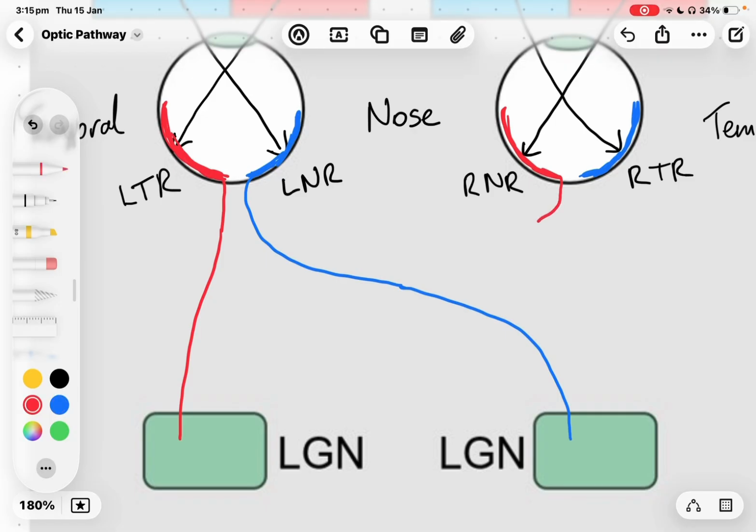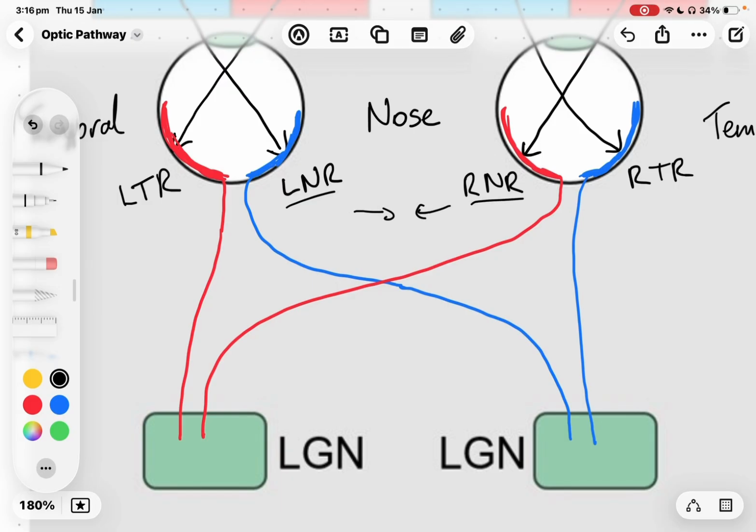This one here, because it's on the nasal side, crosses over and goes there. And this one also stays on the same side. So you can see what's happened here: the left nasal retina and the right nasal retina have swapped sides. They're trading that information to the opposite side.